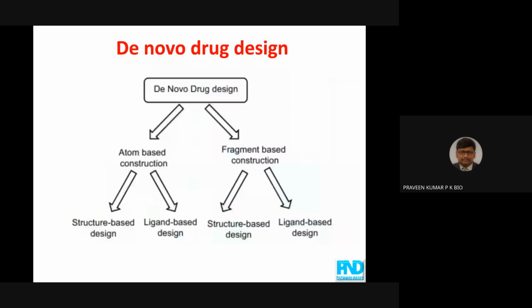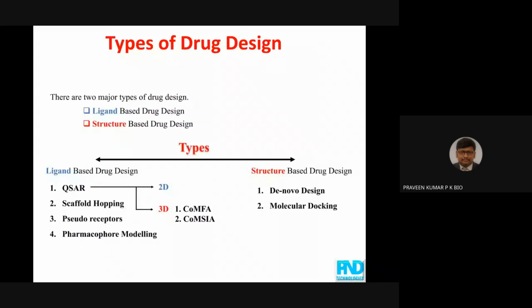Now, let me take you to the next application: de novo drug design. What is de novo drug design? De novo drug design is generally classified as atom-based construction and fragment-based construction. We have two types accordingly: structure-based and ligand-based, and here also structure-based and ligand-based.